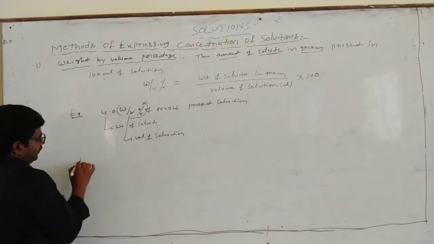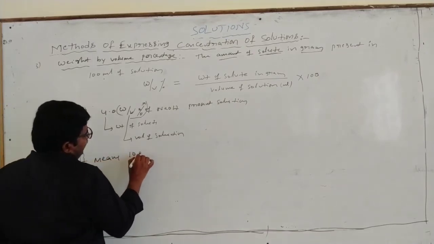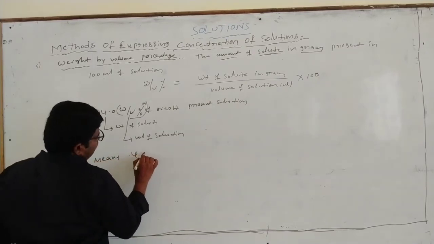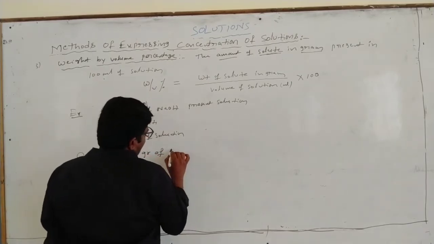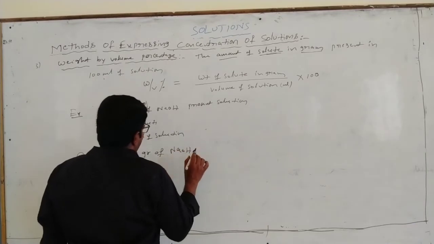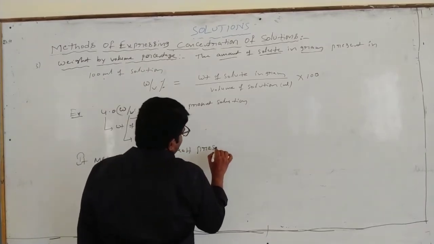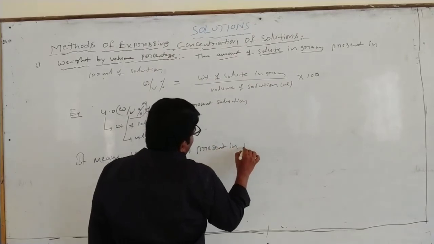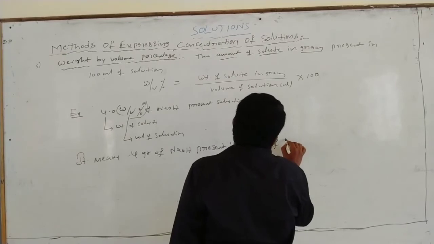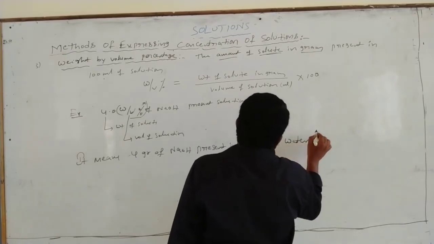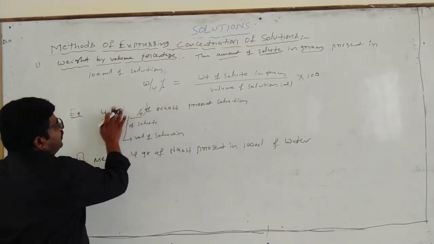It means 4 grams of NaOH are present in 100 ml of water, that is 4.0 weight by volume percentage.